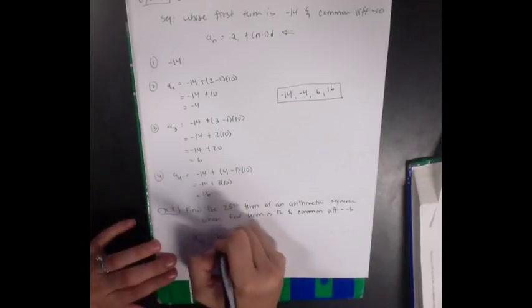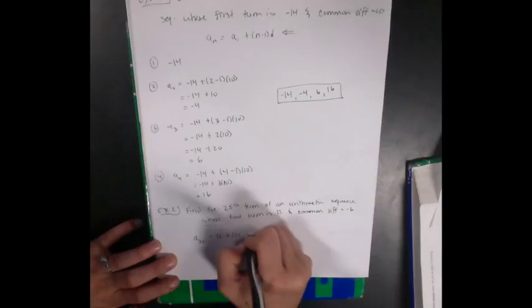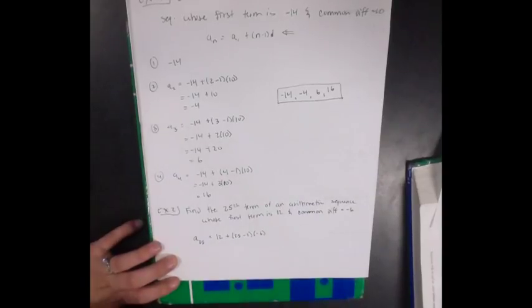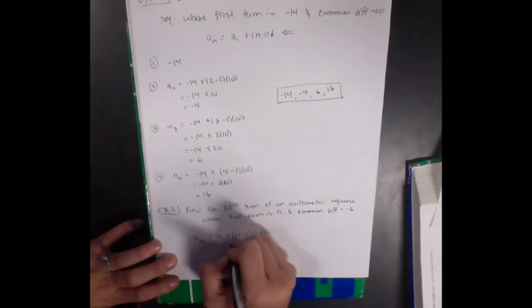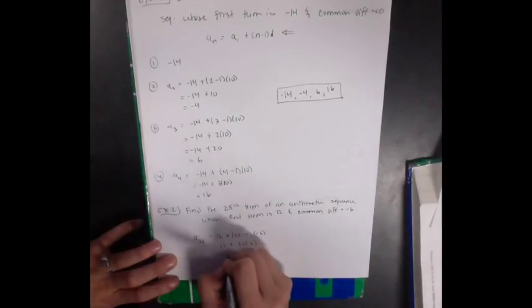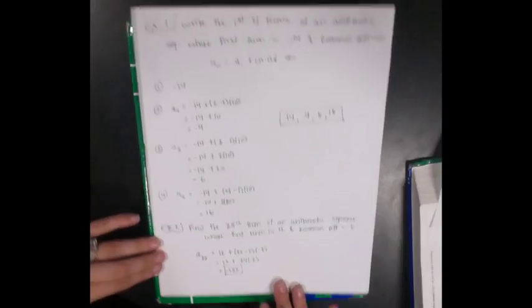Yes, this is how you should write it. A sub 25 is, my first term is 12 plus n is 25 minus 1 times the common difference of negative 6. So 12 plus 24 times negative 6 gives me negative 132. That's my 25th term. All right, let's do another example.